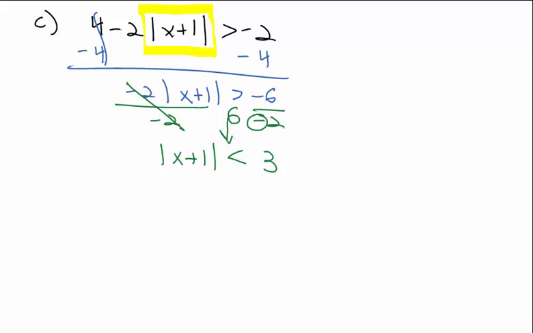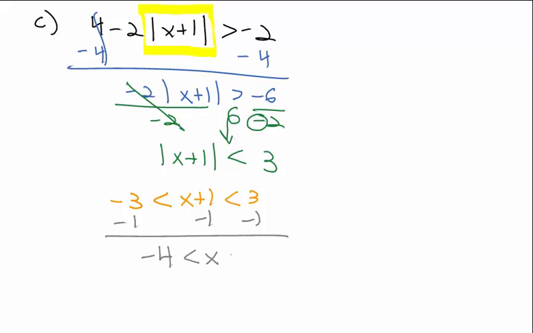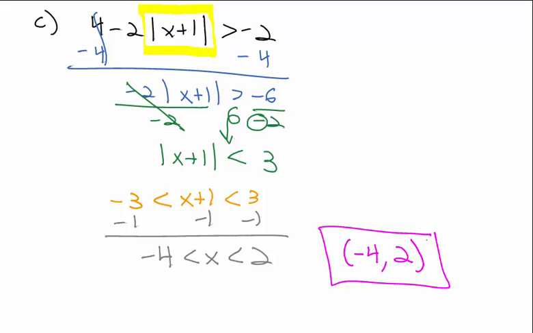Now we have the absolute value is less than a number. We know when the absolute value is less than a number, it means it's squeezed between the negative 3 and the positive 3. And we can solve this quite nicely by subtracting 1 from all 3 parts, giving us negative 4 is less than x is less than 2, or in interval notation with a curved bracket, because it's just less than, we're between negative 4 and 2.